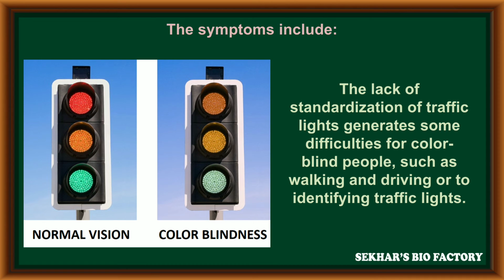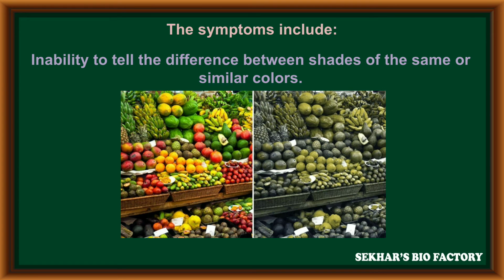And along with that, there is inability to tell the difference between shades of the same or similar colors. So this is the vision for a normal person, but the same vision is seen like this in a colorblind person.